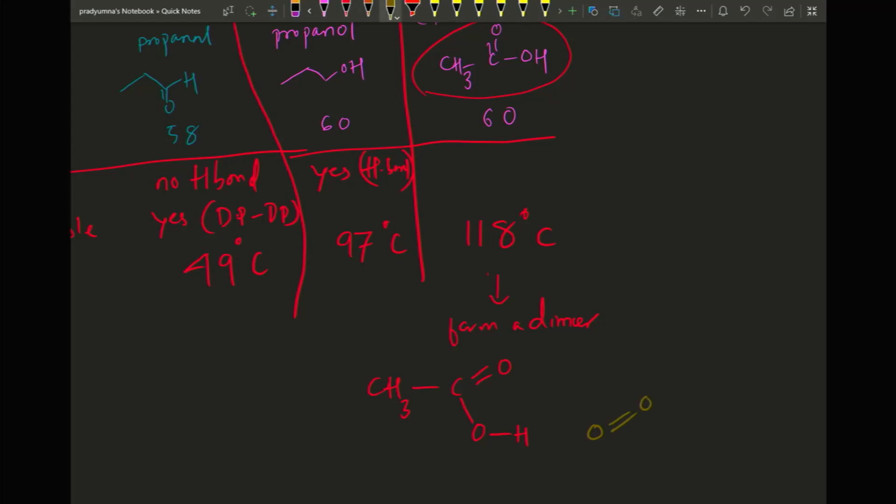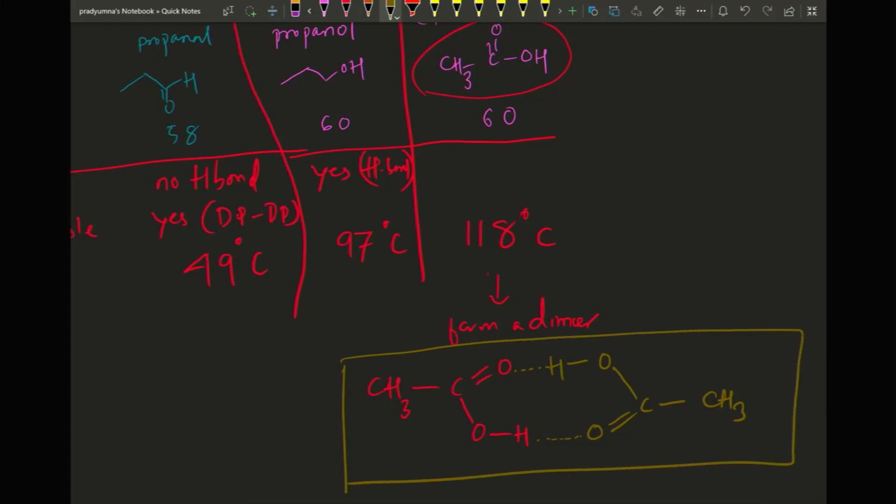I'm trying to draw this figure pretty. Okay, so you can see here oxygen is negative. So it would make a hydrogen bond with the nearby OH, and the hydrogen here will form a hydrogen bond with the nearby oxygen. The one on the left and the one on the right are both the same molecule. So in reality, what's happening is you are making a dimer.